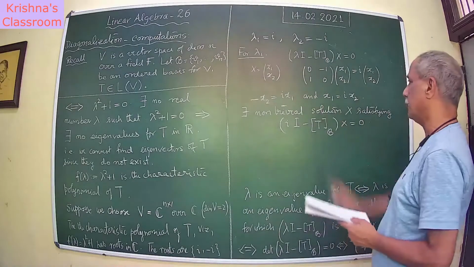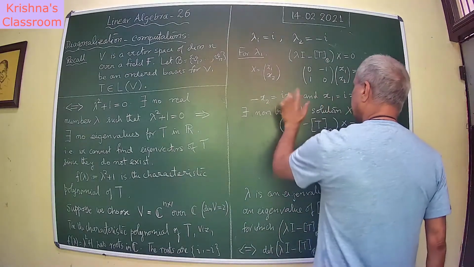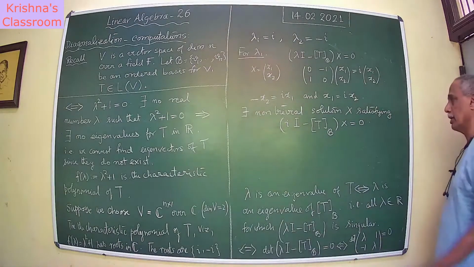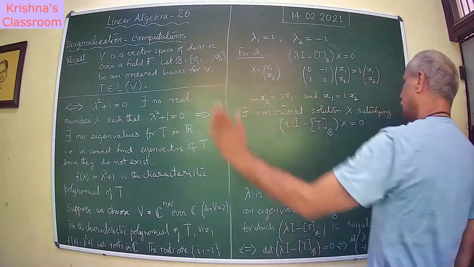That can be easily obtained here because both these equations are the same. One of the components you can choose arbitrarily and the other one will get fixed.